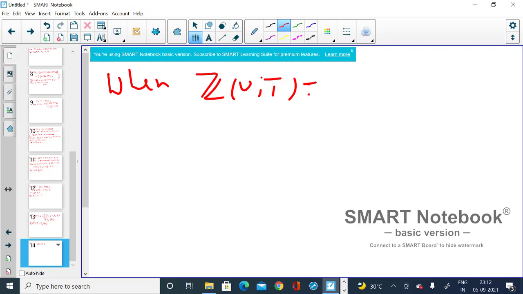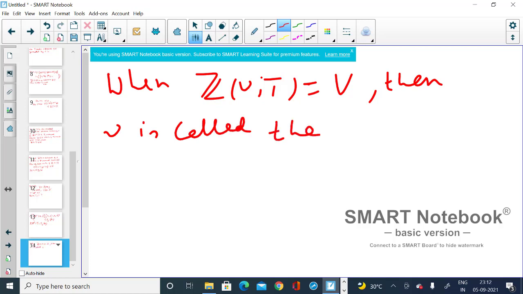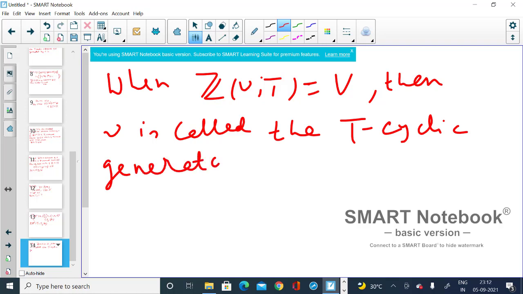When this is the full space V, the vector v is called a T-cyclic generator of V.